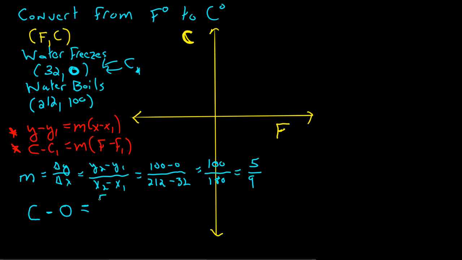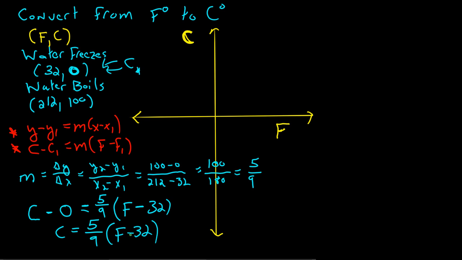And then we have 5/9 times my Fahrenheit minus x1, 32. And this is usually how you see this conversion, because 5/9 times 32 doesn't come out nicely, and so people leave it like this so that they can calculate the conversion between Celsius and Fahrenheit.